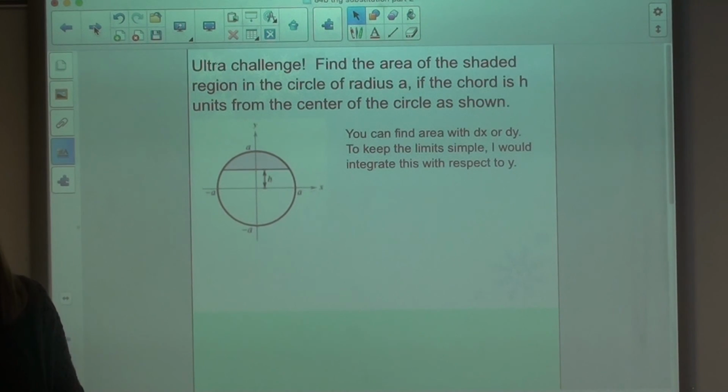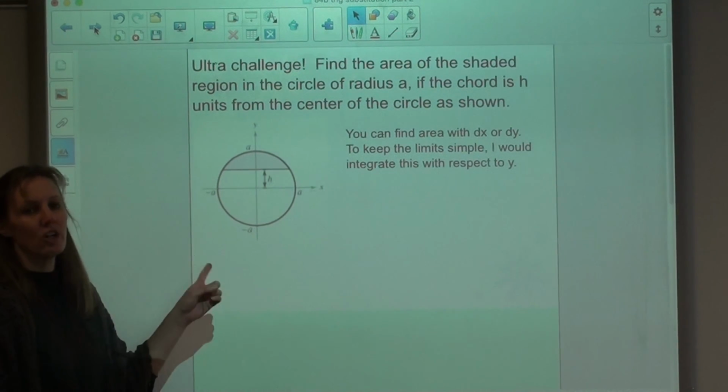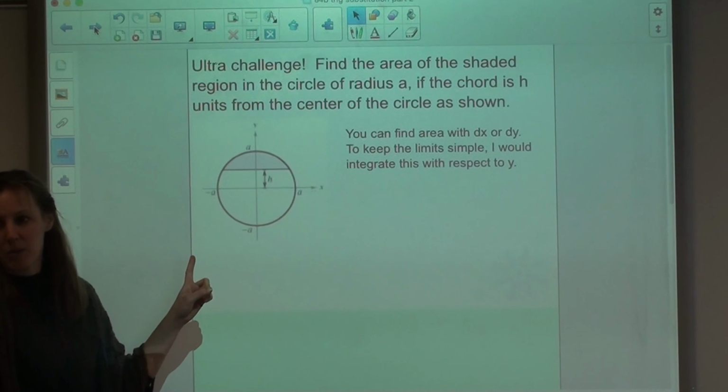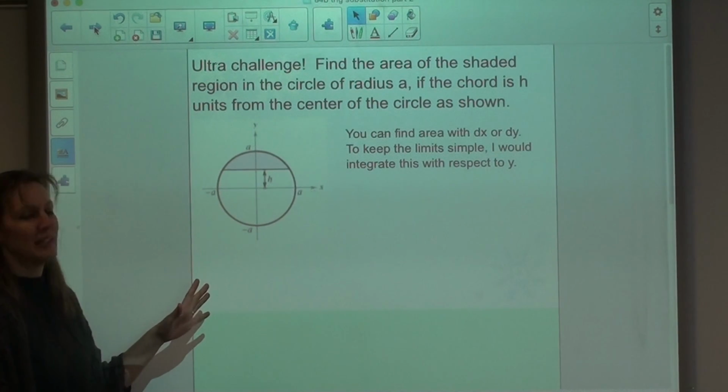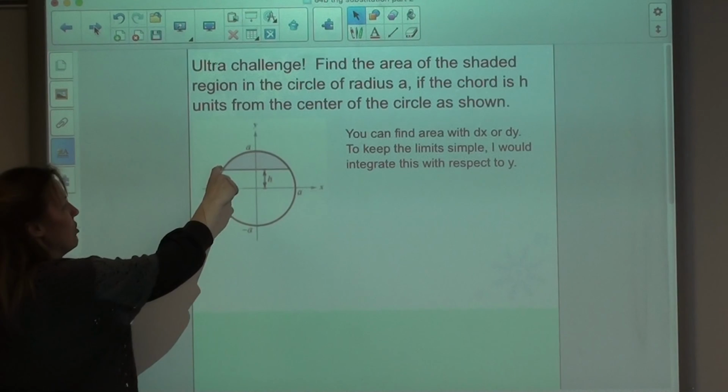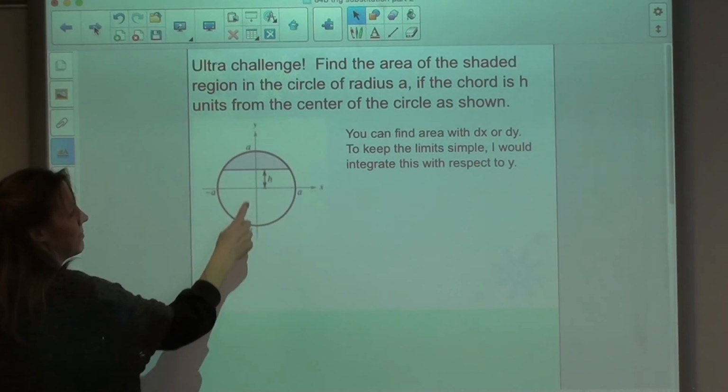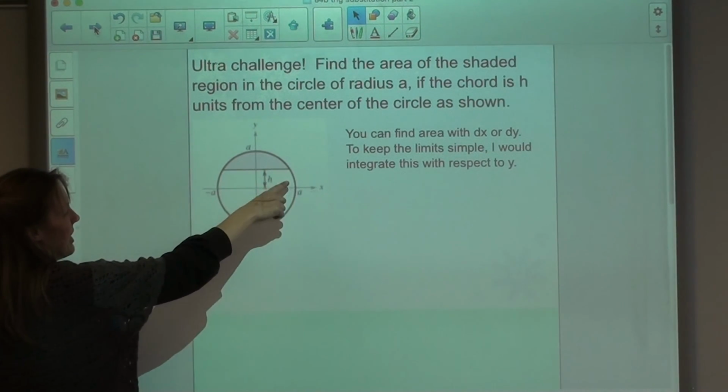I will tell you this, just in case it ever appears again, and I'm not hinting, I truly don't know: when I first started it, I started with dx, doing top minus bottom, the square root minus h.